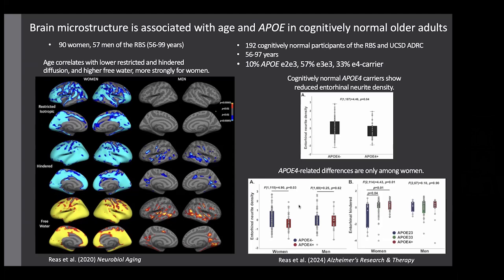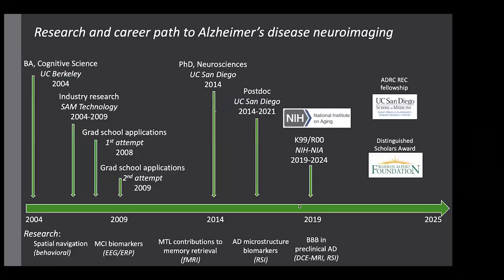Interestingly, we also found a sex difference, where those ApoE4 differences in entorhinal microstructure were only present for women. Also among women, we saw a difference between ApoE2 carriers and non-carriers, which was fascinating because ApoE2 carriers are thought to be somewhat protected against Alzheimer's disease. So there's an interesting interaction between ApoE genotype and sex on entorhinal cortex microstructure.